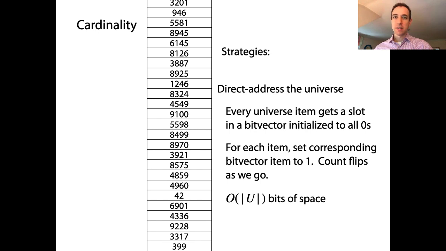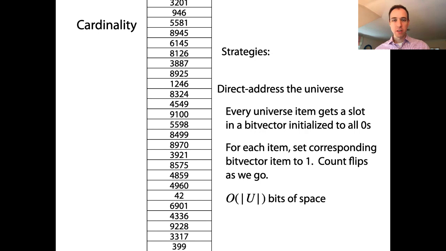So if I wanted to keep track for each of those 2 to the 32 possibilities, whether I've seen it yet or not, as the data set flies by, I could simply allocate a bit vector with 2 to the 32 entries, initialize everything to 0, and every time I see a value, I do a direct address lookup into that bit vector, maybe with a little bit of fancy bit operations to get at a particular bit that corresponds to our item. And I just check to see if it's 0.